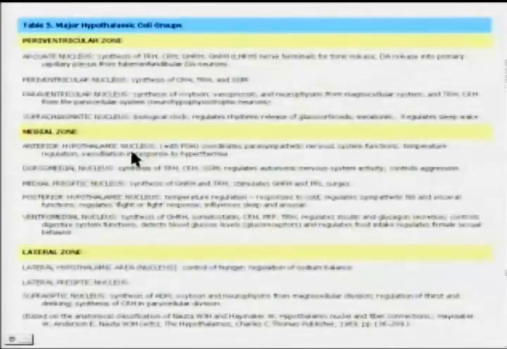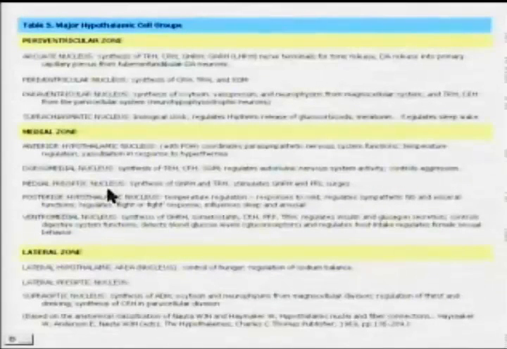Therefore, the hypothalamus is endocrine tissue, but it is mixed function, endocrine and neuro-mediated functions. The dorsomedial nucleus, here we find neurons that synthesize TRH, CRH, and somatostatin, but it also has other neurons within circuits that regulate the autonomic nervous system activity and control aggression.